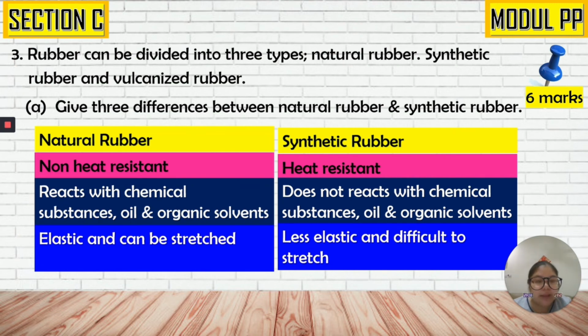Same with natural rubber, it's also not strong, so we need to modify it. For metal, the processing is alloying, and it becomes an alloy. Natural rubber is the same: we do the processing, then it becomes synthetic rubber and also vulcanized rubber. Okay?